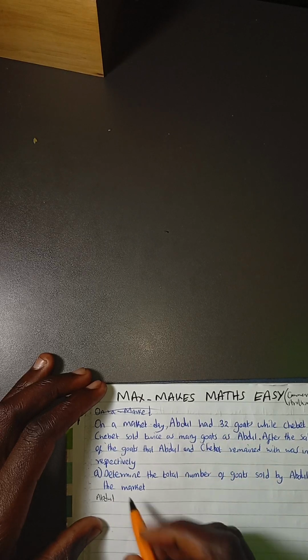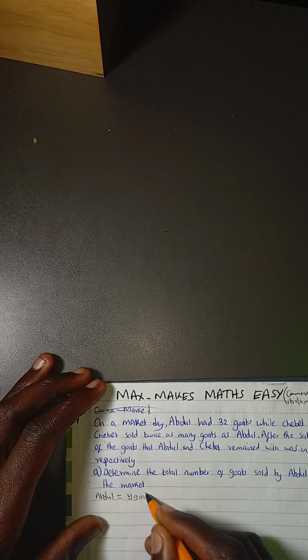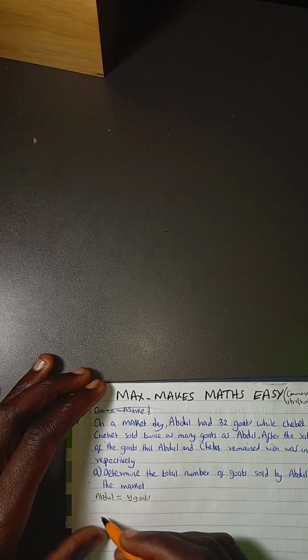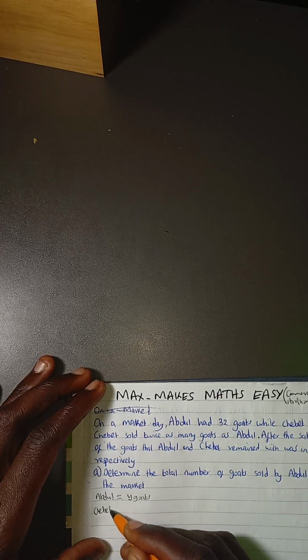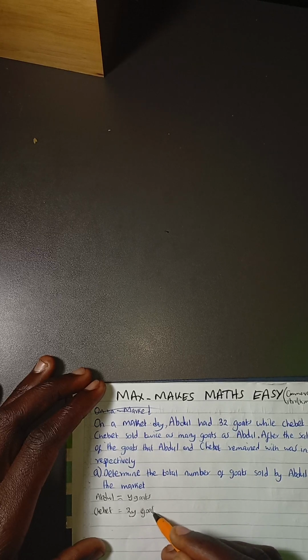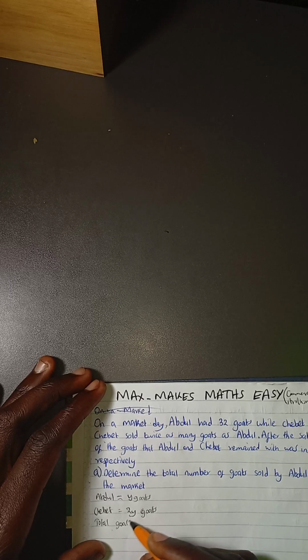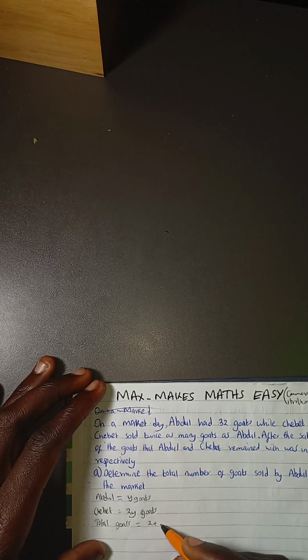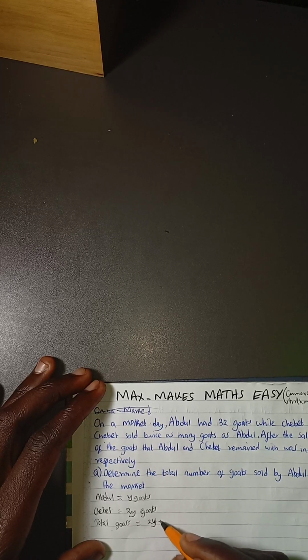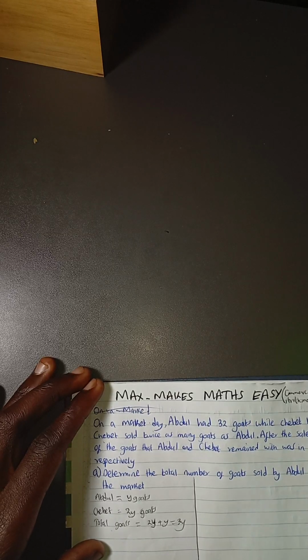So if Abdul sold Y goats, Chebet sold 2Y goats, and the total goats sold are 2Y plus Y, which is 3Y.